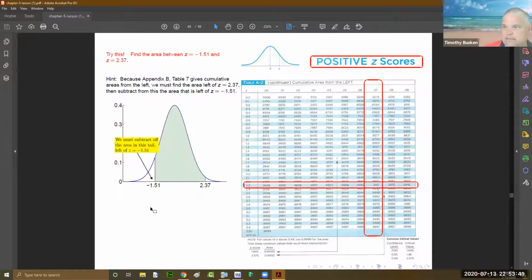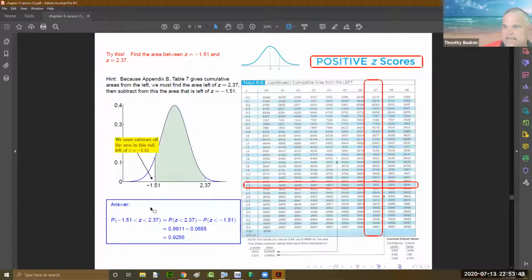Unfortunately, the way to get that with the z-table is a little bit complicated. Because the z-table only gives you cumulative areas, or areas to the left of a value, you have to split this probability up into the difference of these two probabilities. So think about what this difference means. We're going to look up in the z-table the cumulative area, or the area to the left of 2.37.